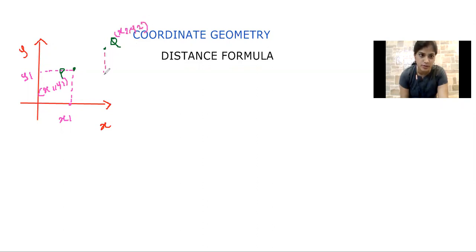So this reference point on the x-axis is going to be x2, and this point is going to be y2. My aim is to find the distance between P and Q. I'm going to derive the distance formula with the help of the Pythagorean theorem.